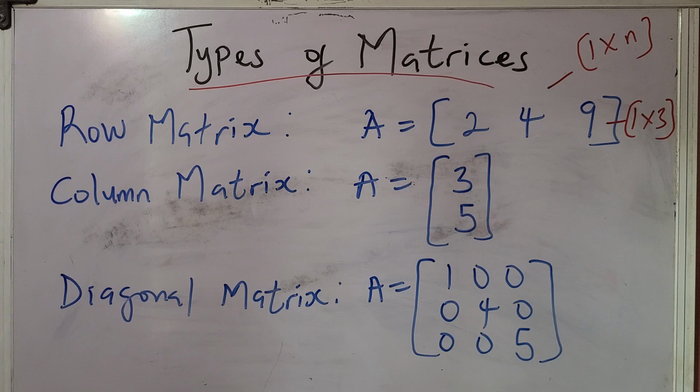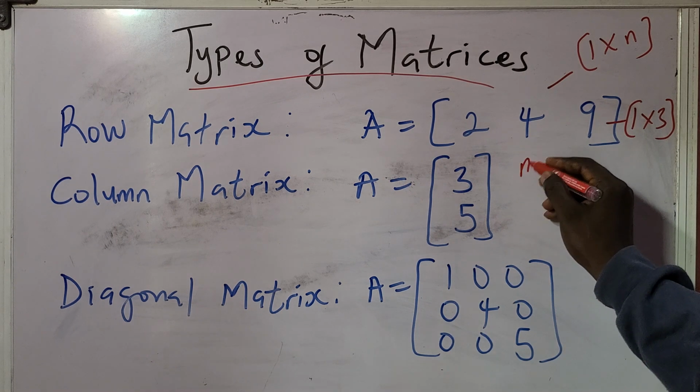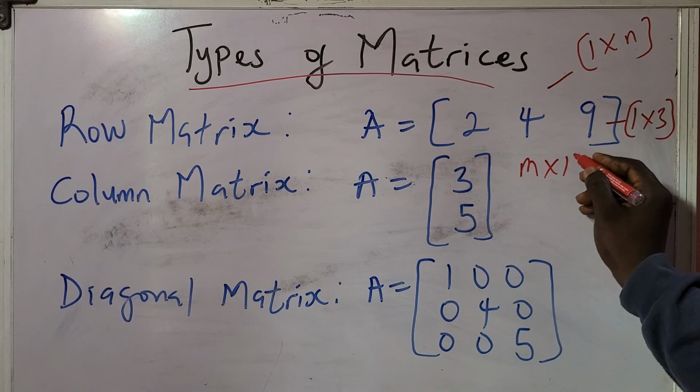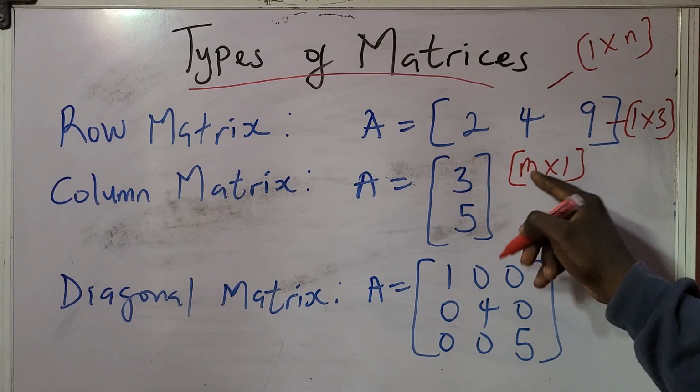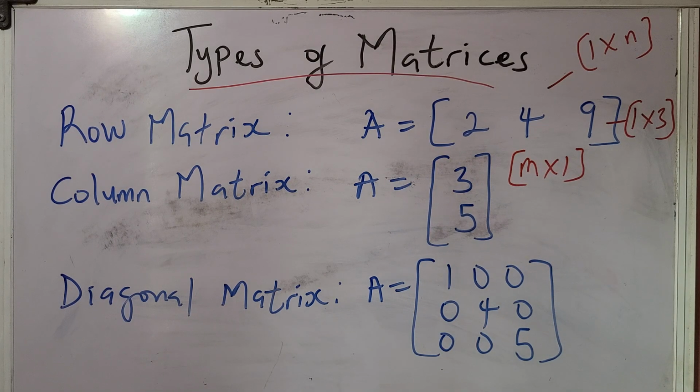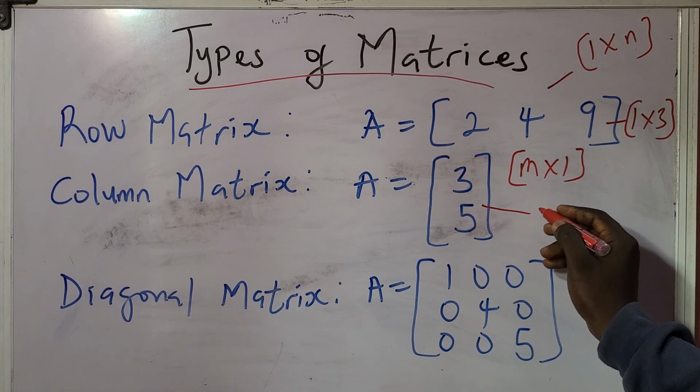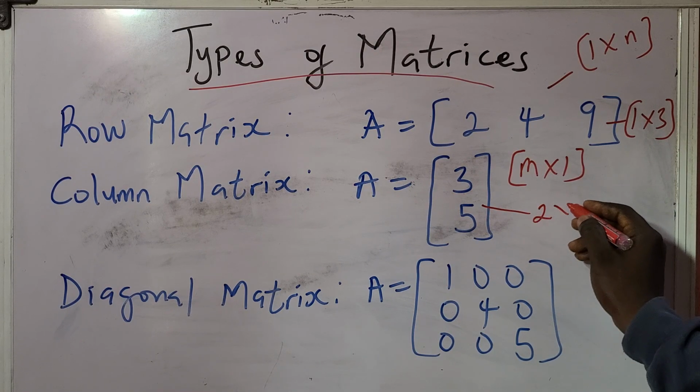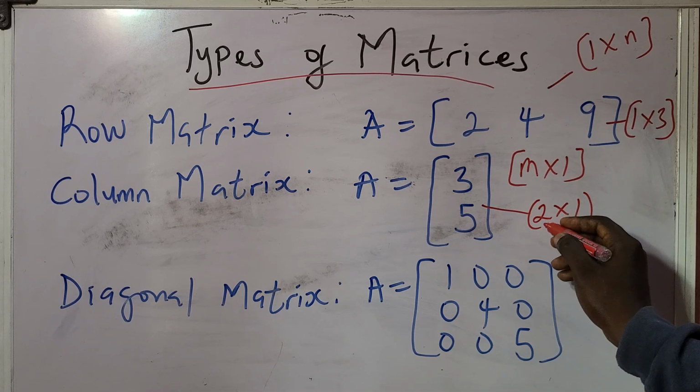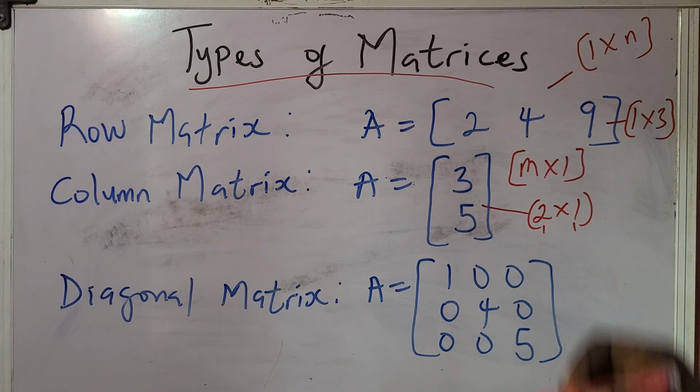That's why the general form of a column matrix is always given as an n by 1 matrix. In this case, you can see for this matrix A we have a 2 by 1 matrix, meaning we have 2 rows but just one column.